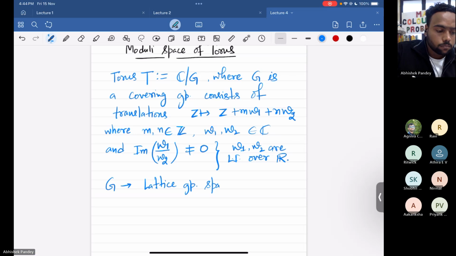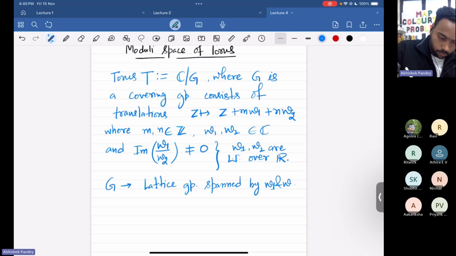Over R. W1 and w2 have to be linearly independent over R. Yeah, correct. So G is called the lattice group spanned by w1 and w2.